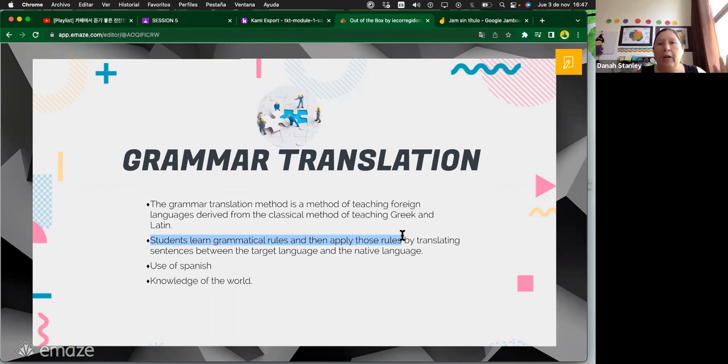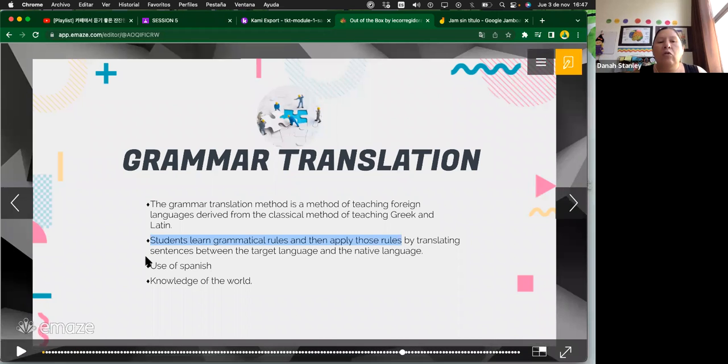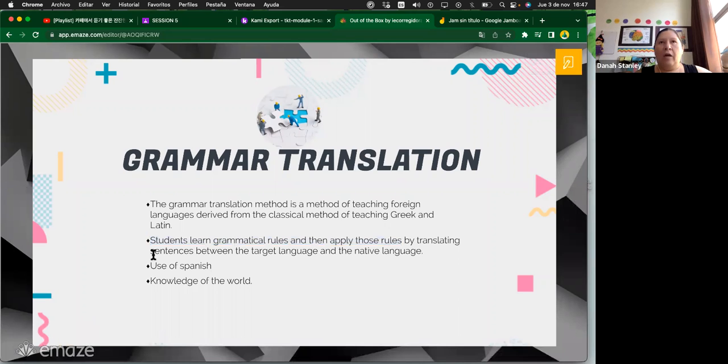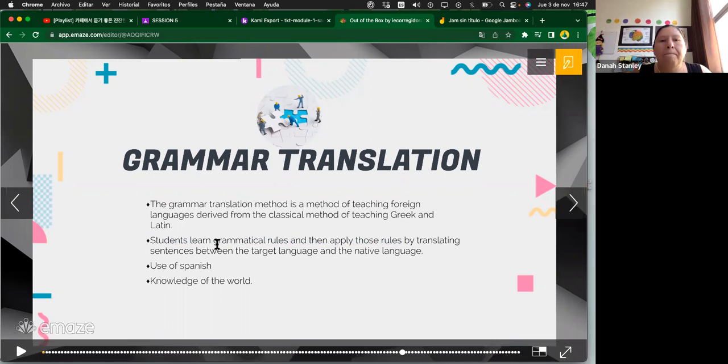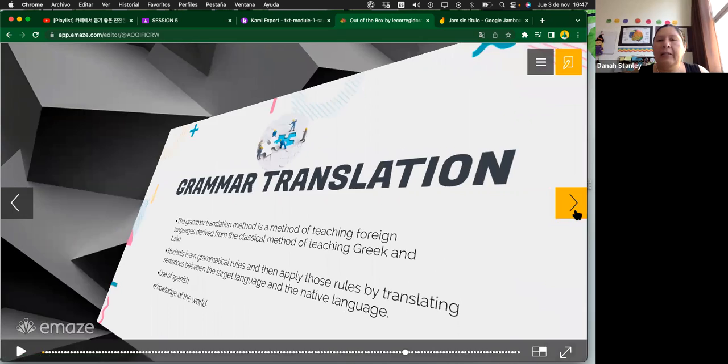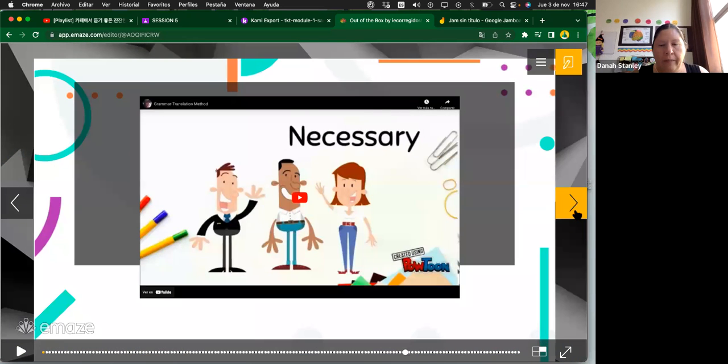In that case, they can translate and interpret. So they can recognize the relationship or the translation from English to Spanish. So they are going to translate sentences from the L2 to the L1. It's not delivered in the class in Spanish.